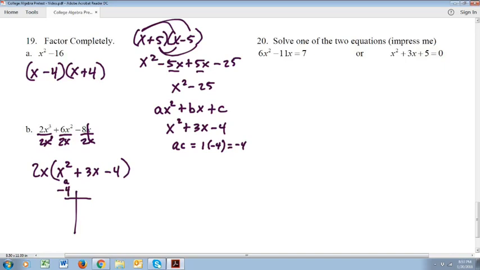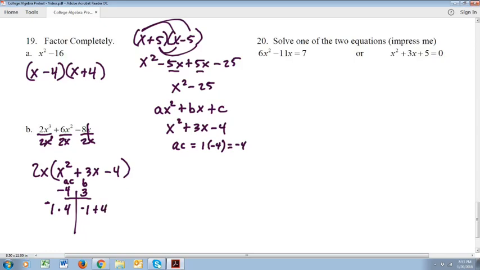This is my AC. And that add up to b, which is 3. And so let's see. How about 1 times 4? And we need the 1 to be negative. And then negative 1 plus 4 would add up to the 3.